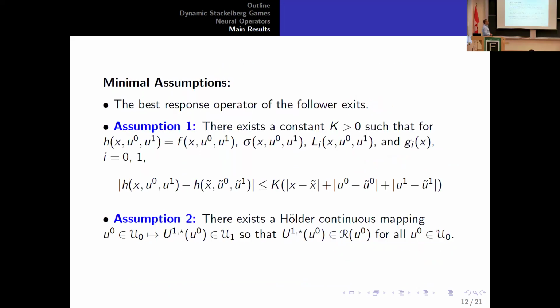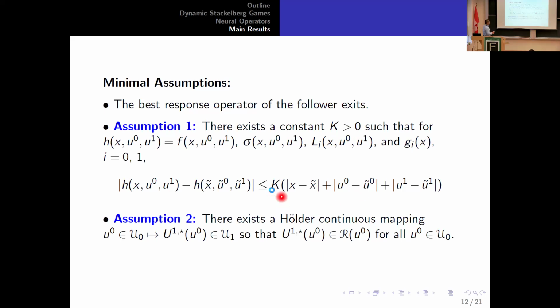Okay, to proceed, we give some minimal assumptions. The first assumption is that the best response operator of the follower exists. As we mentioned earlier, under very mild convexity conditions, the best response set is always non-empty. The second assumption: recall that F and sigma are the coefficients of the state dynamics, and L0, L1, G0, G1 are the running cost and the terminal cost of the two players.